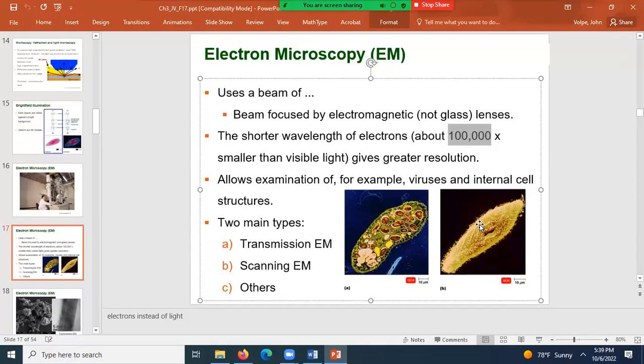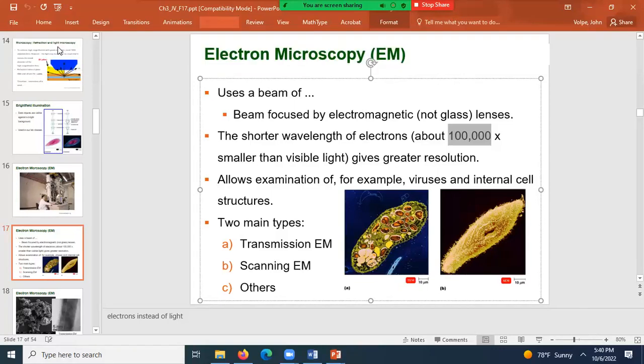This allows us to see extremely small specimens like viruses and the internal structure of cells. You should know that there are two types of electron microscopes. There is a transmission electron microscope viewed here, and a scanning electron microscope viewed here. Let me blow this up.